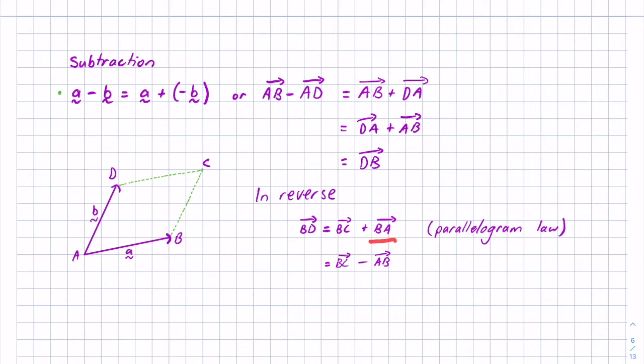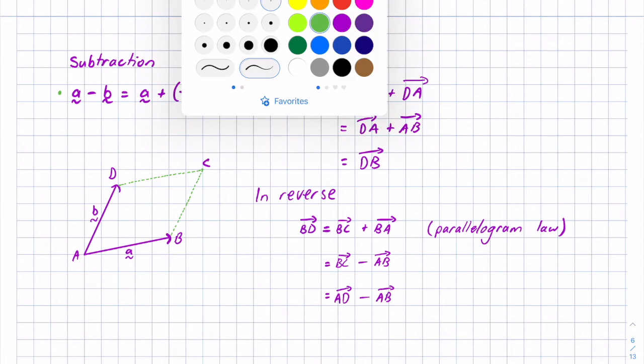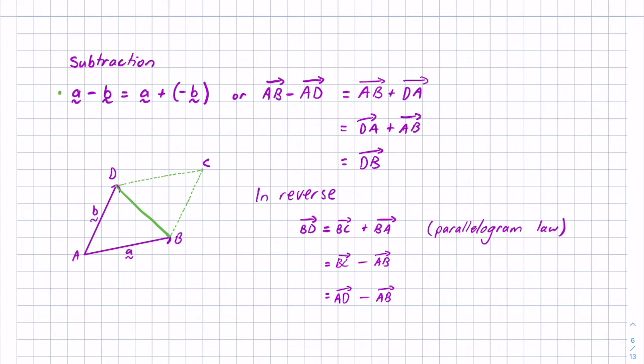Now BA is the same as the negative of AB, and BC is the same as AD, so AD minus AB. Again, see how those letters have kind of switched places. Let's just draw that vector on there.